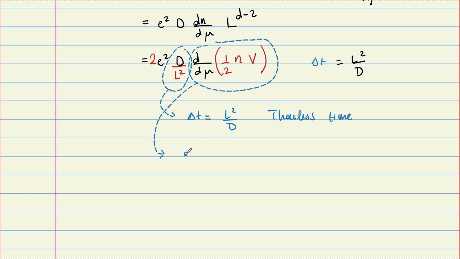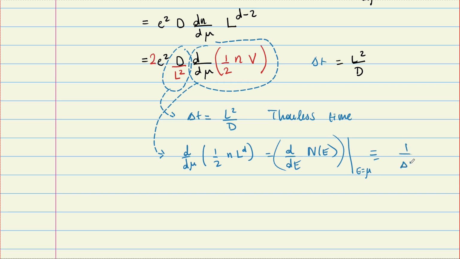So this is d over d mu of one half n L^D, but this is going to be d over d mu N of E, that's the number of electrons at a given energy E. Of course, I can write it like this, dN over dE, at E Fermi, where E is equal to mu.